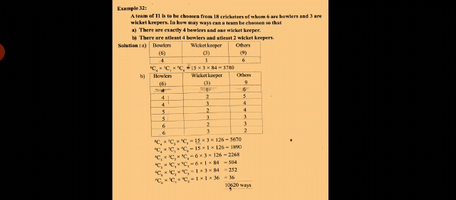Then take 4 more players to make it 11. Similarly, 5 bowlers and 3 wicket keepers makes 8, and 8 plus 3 is 11. And we also can take all 6 bowlers. We can include 6 plus 2, 8, 8 plus 3 is 11.